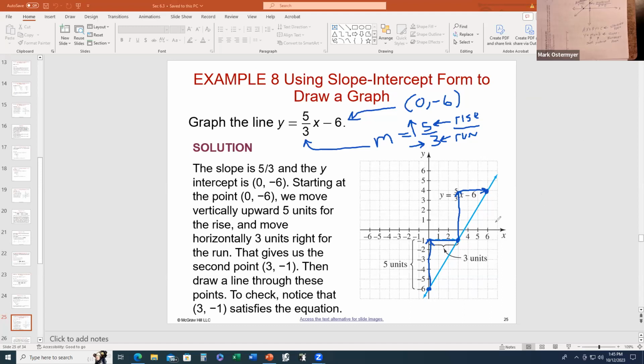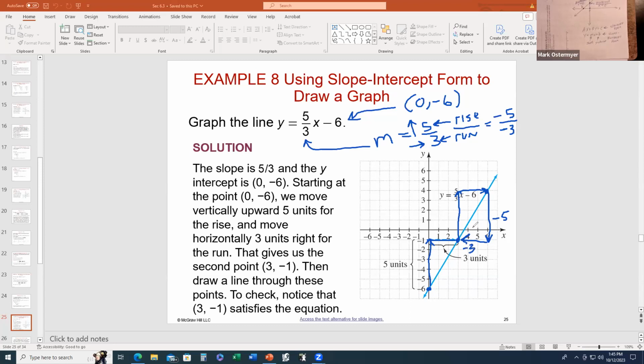Or, ladies and gentlemen, another way I could have done it, instead of going up 5 and 3 to the right, I could have gone down 5 and 3 to the left, because 5/3 is equal to -5 over -3. I could have gone down 5 units from a point on my line, and then 3 to the left. And then I would be able to locate another point on my line.